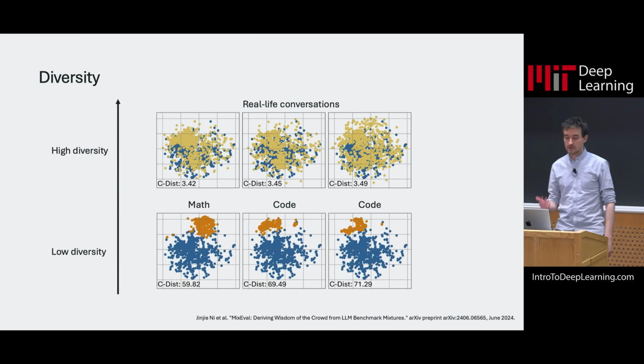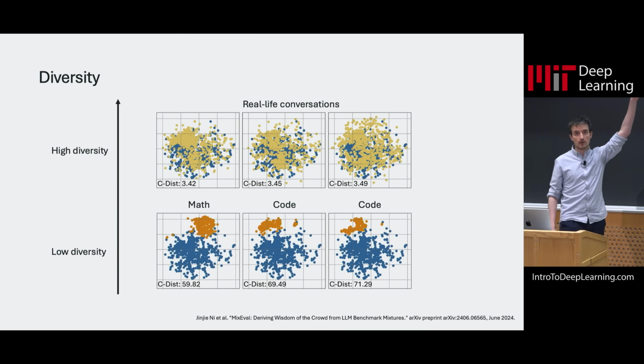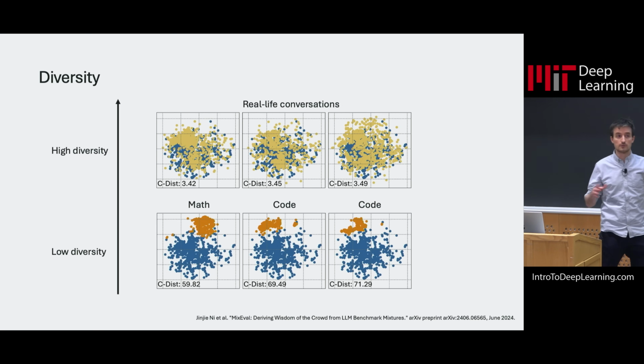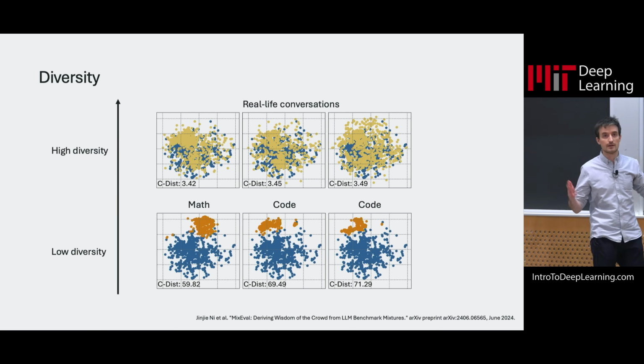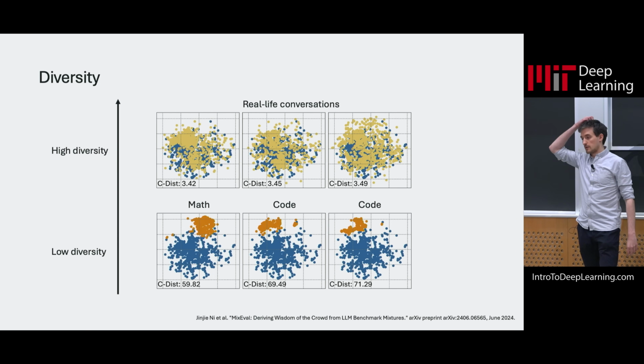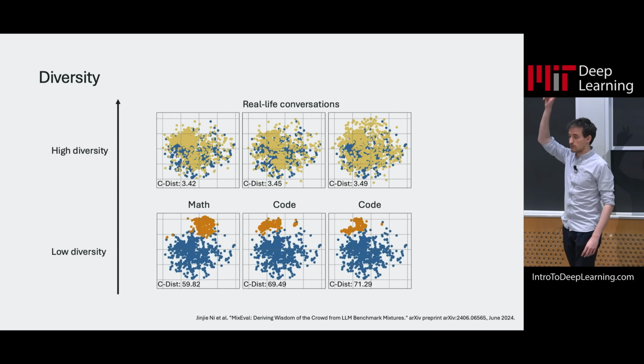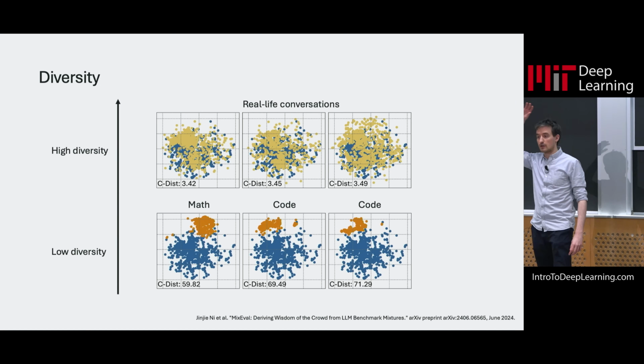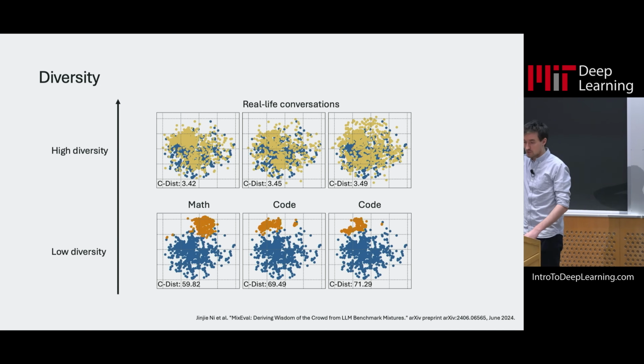For example, with diversity, you see here real-life conversations. Real-life conversations are really varied because people ask questions about anything, really. You see here a 2D representation of the embeddings of a dataset, where these 3 datasets on top are really varied and cover pretty much the entire spectrum.